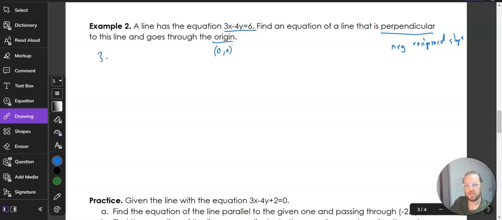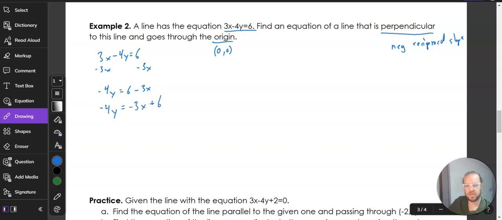So let's take that equation and let's rearrange it so that it's solved for y. The easiest way to do that is going to be to move that 3x over. You can do this however you want, but this is just my suggestion. So we're going to get negative 4y equals 6 minus 3x. Now, usually we write it with the x first, so let's change that.